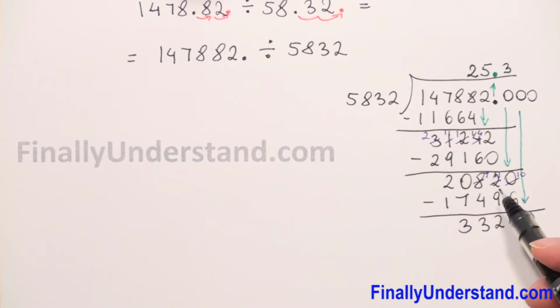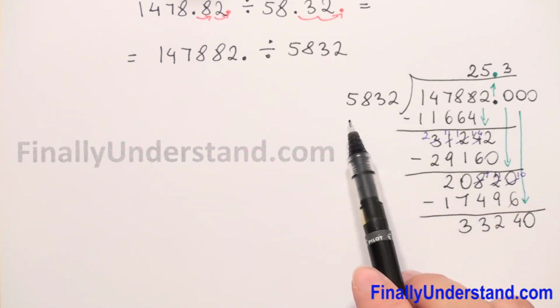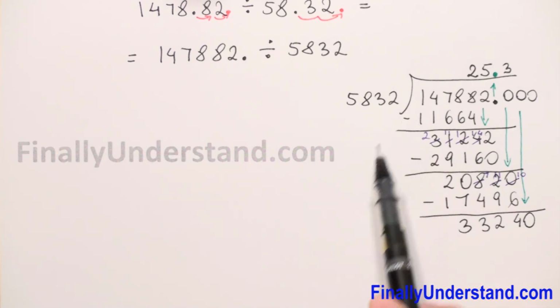And again we have to do division. 33,240 divided by 5,832.